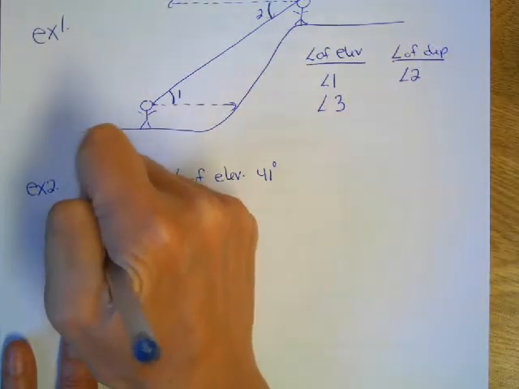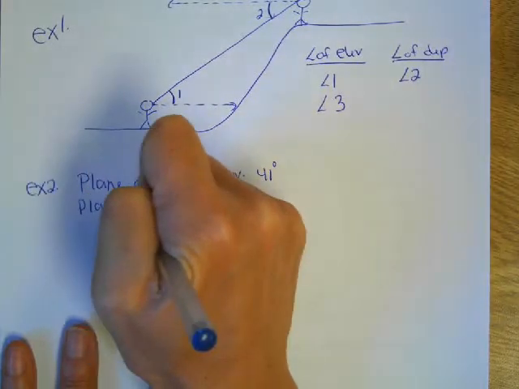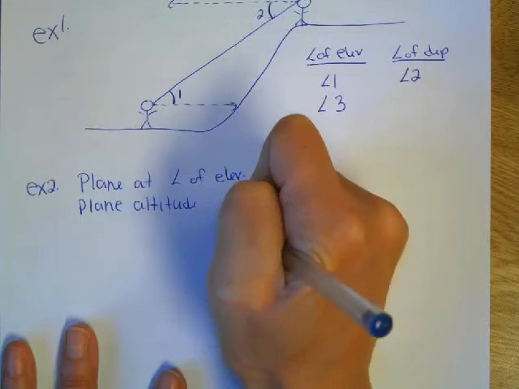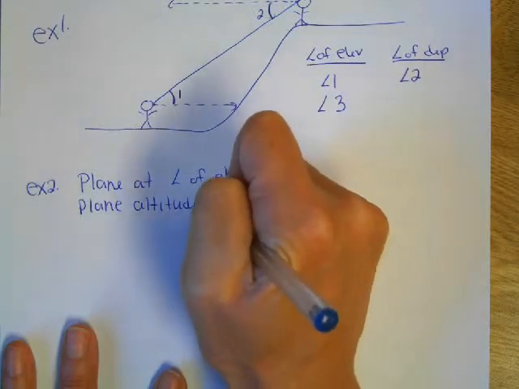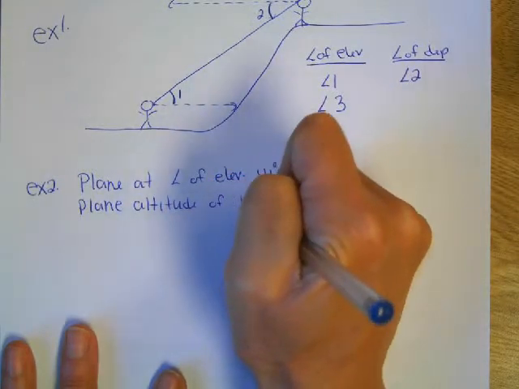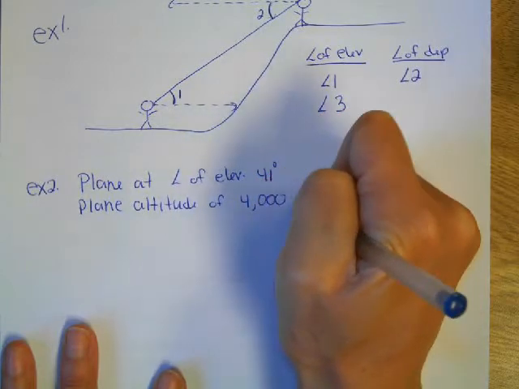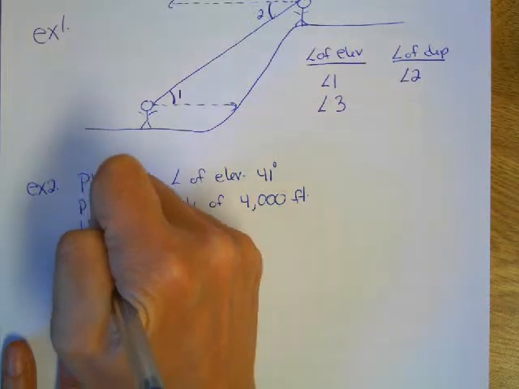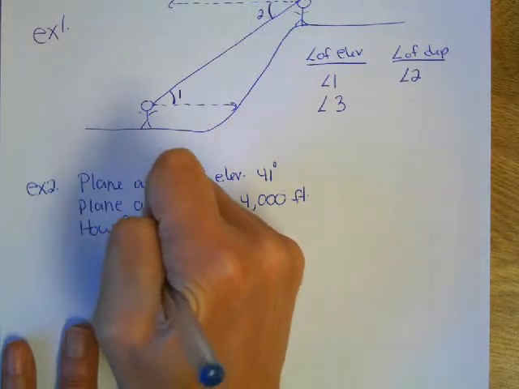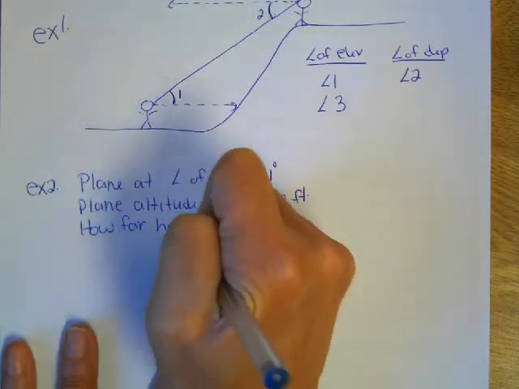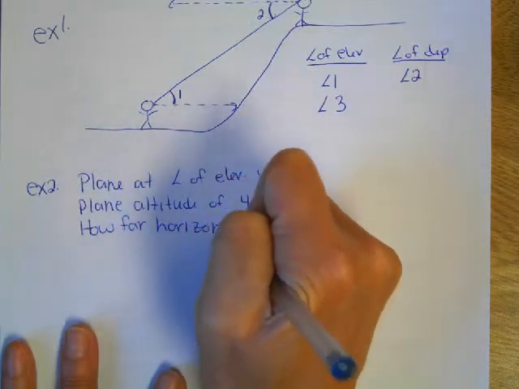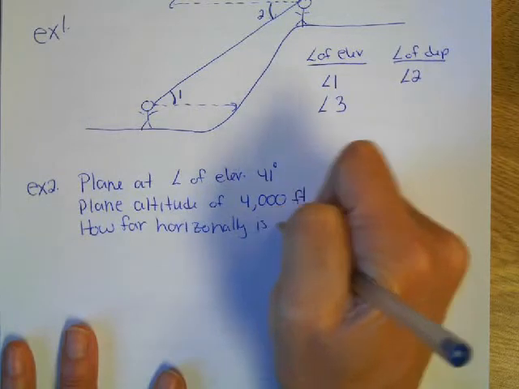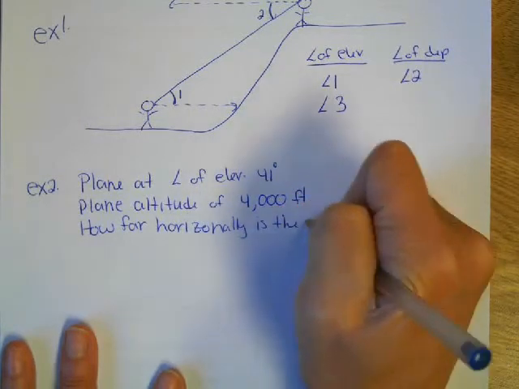The plane is at an altitude of 4,000 feet. Question is, how far horizontally is the plane from the airport?